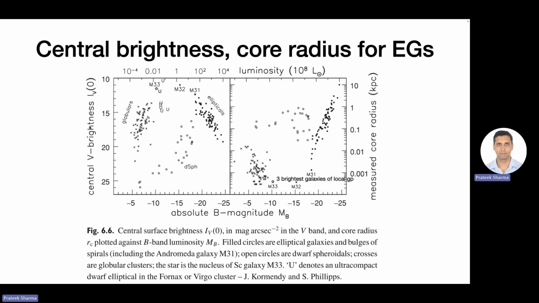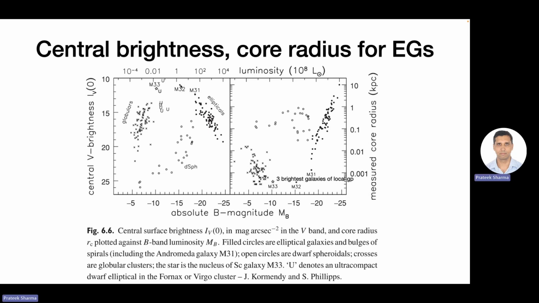This is peak brightness at the center. And these are the normal elliptical galaxies. You see, they are bright. They have very negative values of absolute magnitude. This M32 is the compact elliptical galaxy that I mentioned.